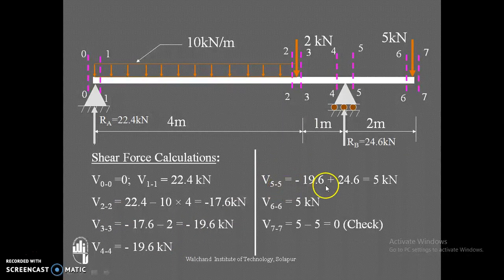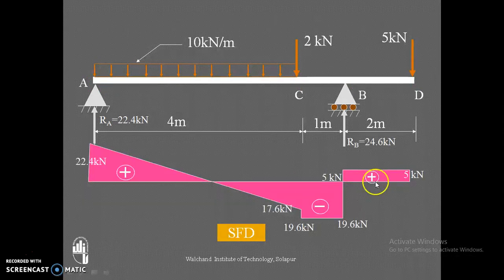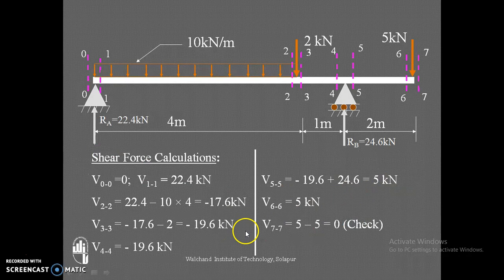Now the shear force at 5-5, which is just right of the reaction RB. The same shear force continues from the left of RB, that is 19.6 plus RB, the magnitude of RB being 24.6 kilonewton. The summation is 5 kilonewton, so the shear force at 5-5 is 5 kilonewton. Now the shear force at 6-6, just left of the concentrated force: from B to the free end of the overhang no force is acting, that's why the shear force is 5.